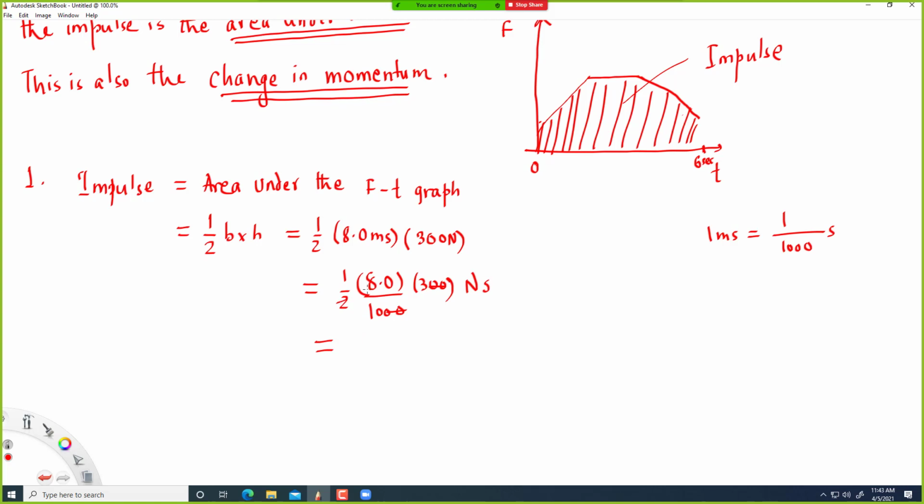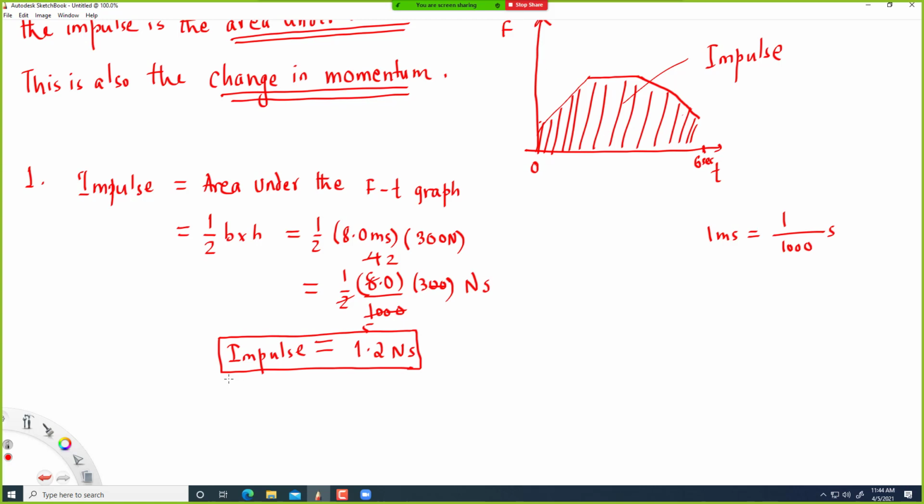It's 4, 2, 5. So 6/5, which is 1.2. Is that right? So the impulse imparted by the bat on the ball is 1.2 Newton second, which is also the impulse imparted by the ball on the bat from Newton's third law.